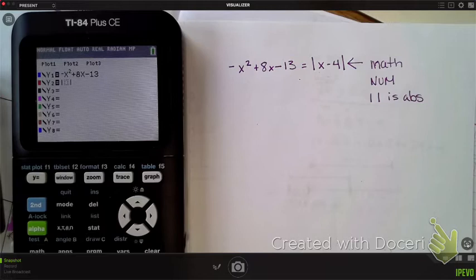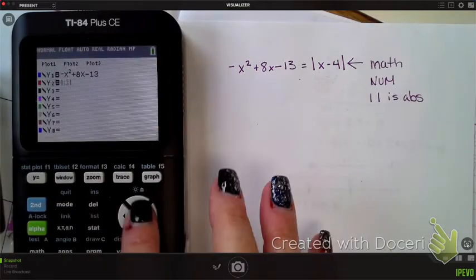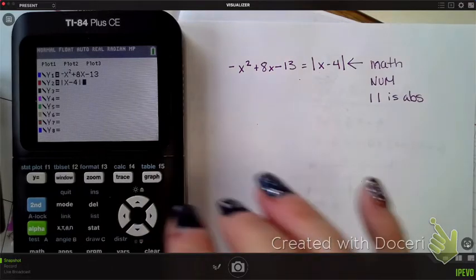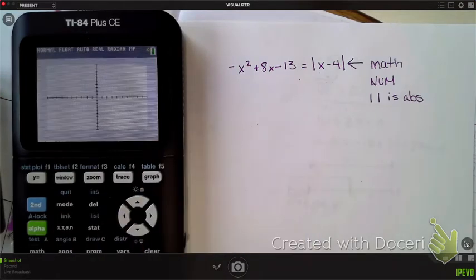Where's number? Math. Do you not see number at the top? Oh, I do. Okay. So then x minus 4. And zoom 6. Okay, do I see both intersections?